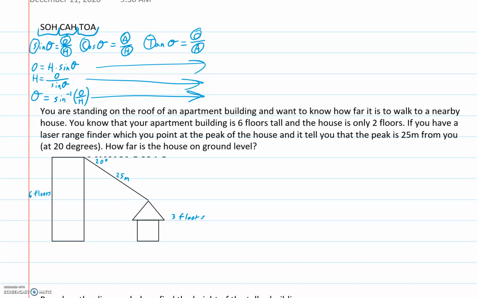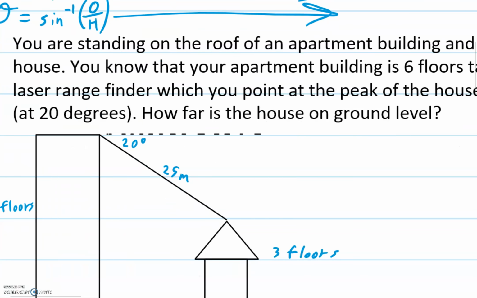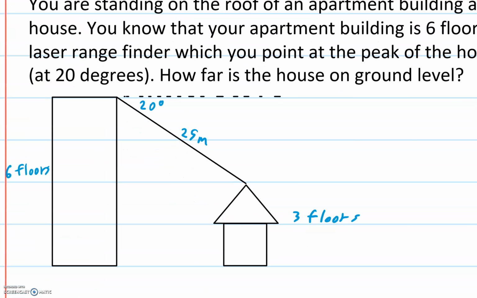Alright, so you're standing on top of the roof, right over here, and let's use a green little man here, standing on top of the roof, and they're looking down and they have a rangefinder, which is actually pretty common in construction. You can usually point it at something and it sends a laser and bounces back, and the time or frequency it takes tells you the distance.